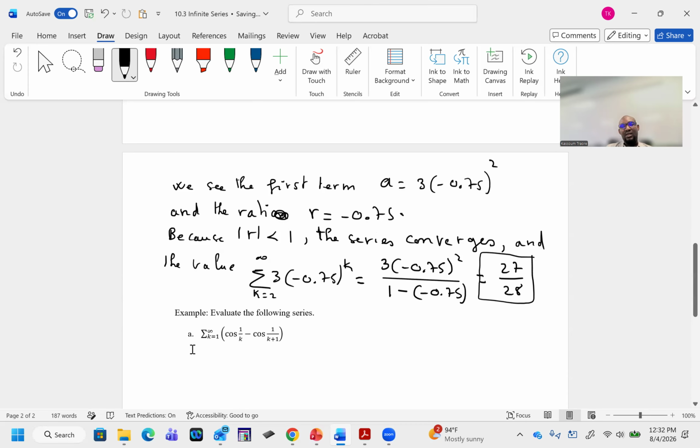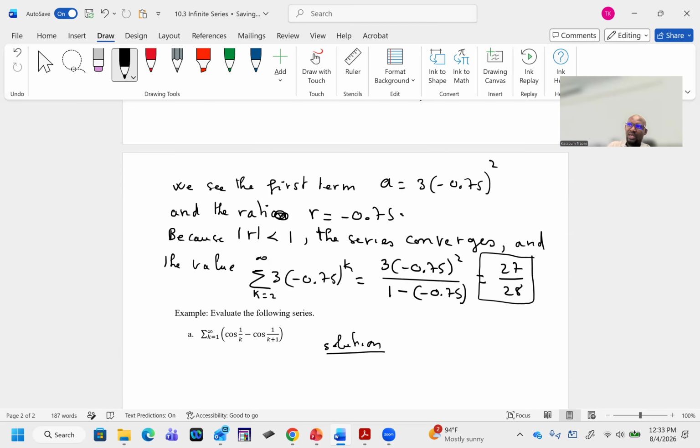Okay. Next, we are asked to evaluate the following series. So again, we will not change anything we have. In this example, we have to evaluate the following series.